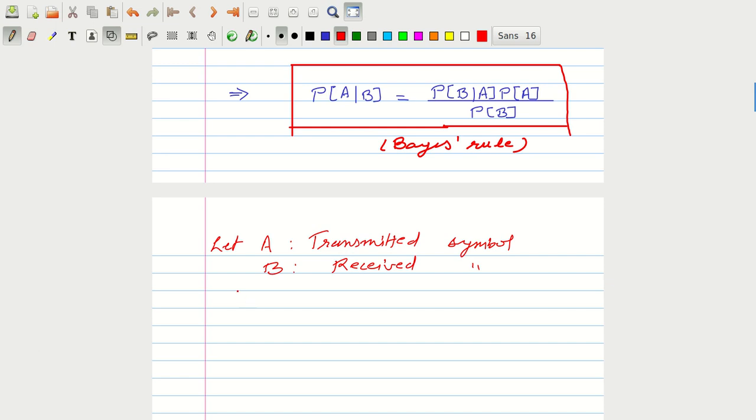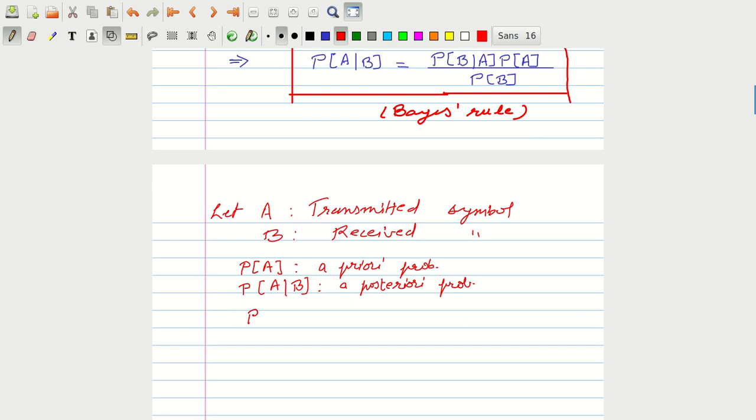So let us write down: P(A) denotes the prior probability or a priori probability, the unconditional probability of transmitting A. P(A given B), the probability of transmitting A given that B has been received, is called the posterior probability or a posteriori probability.